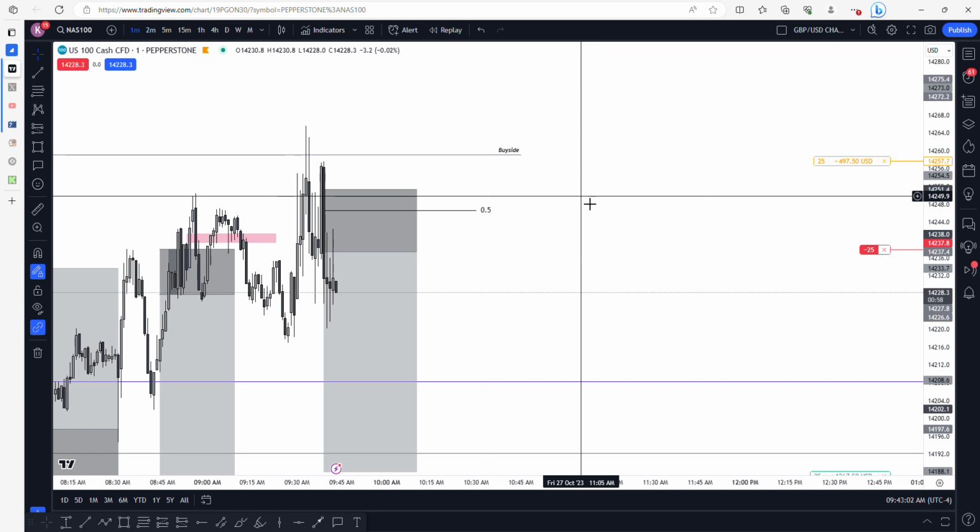Okay, I like the way that looks. Now this candle should go lower, guys. This candle should take a shit.